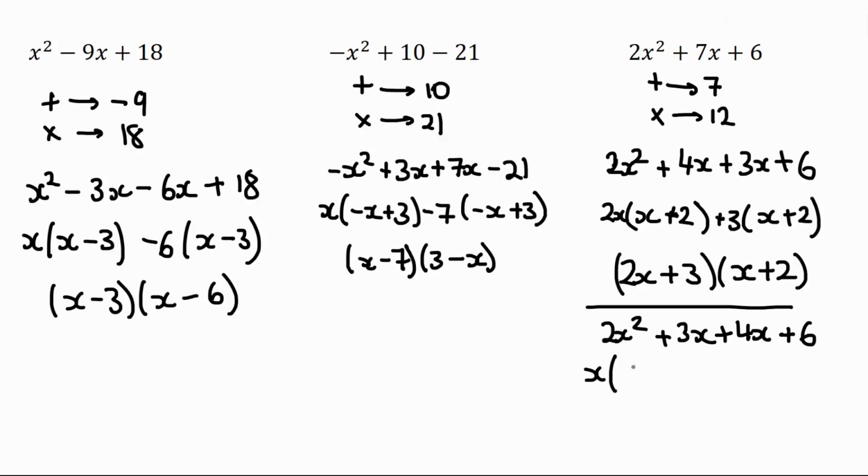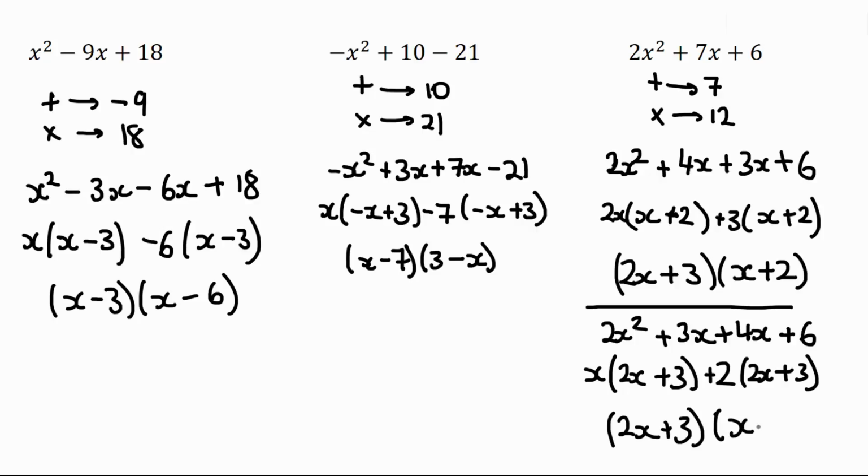So to make 2x squared, we would have 2x. And to make 3x, we would just have 3. Already we can see that this bracket is actually here. And if we just move this across, to make 4x from 2x, it's just plus 2. And then 2 times 3 is 6. So we're going to have, as before, 2x plus 3 and x plus 2.